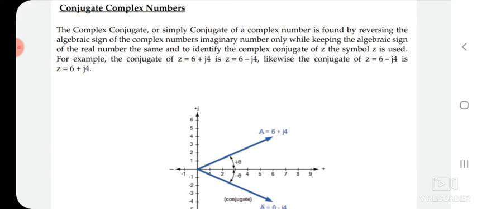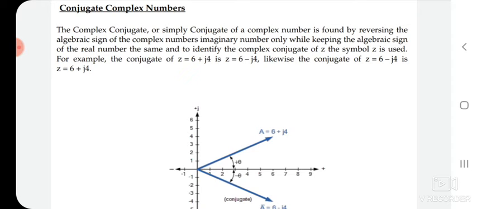For example, if you consider z is equal to a plus ib, its complex conjugate, z bar, is equal to a minus ib, means plus i is replaced by minus i. So that kind of phenomenon can be observed in conjugate complex numbers. For example, let us consider z is equal to 6 plus 4i.